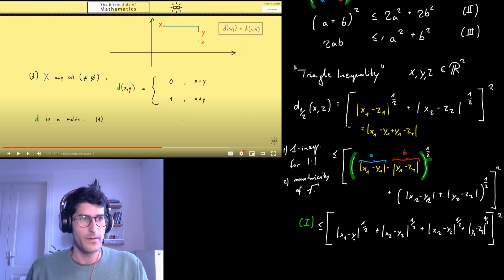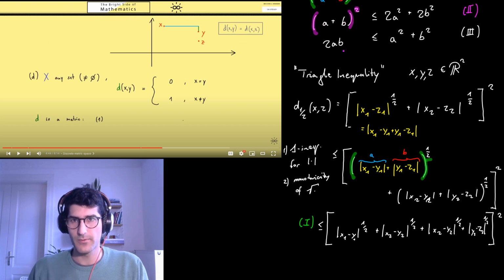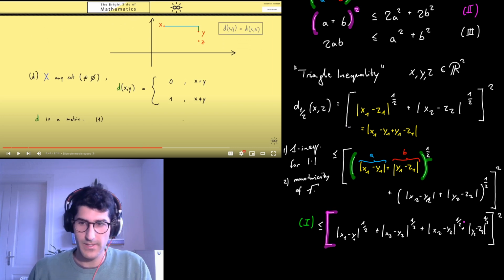Now I take a look at the second inequality that I proved. Here we have again two positive numbers a and b and a square root outside.